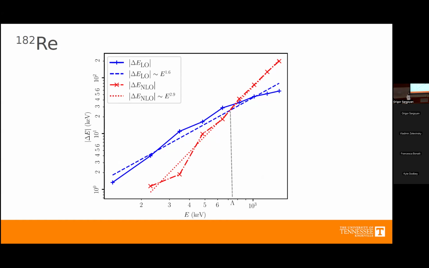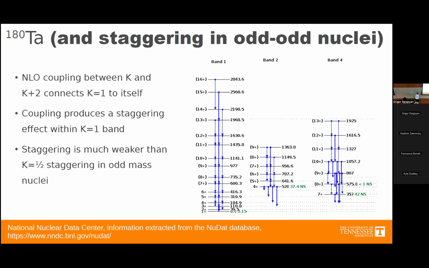Ideally, our power counting should have these as powers. In an ideal world, this should be E to the second and E to the third. We're not quite on that, which may suggest that we've missed something in our power counting argument. But again, not the worst that you could expect.